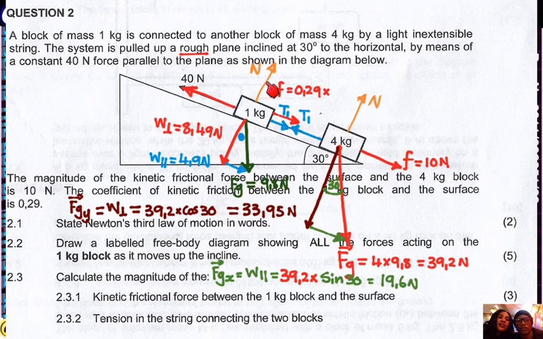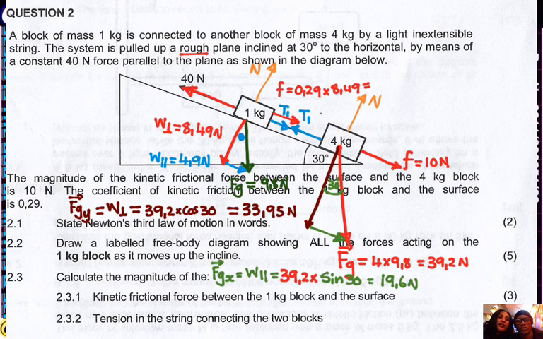So when you look at that normal force, it's opposite to the red, this red here, the one that is 8.49. So therefore it will be equal to 8.49. So I'm going to put 8.49 here, which means times by 8.49 to give me the normal force.